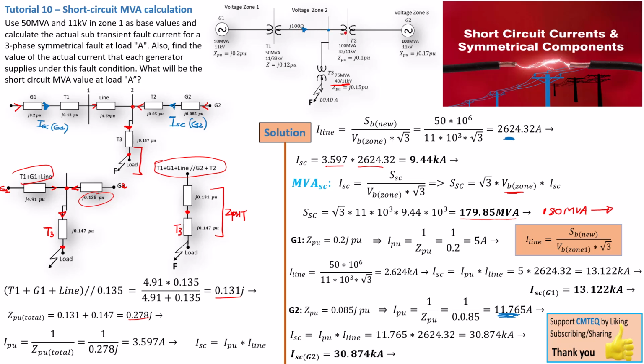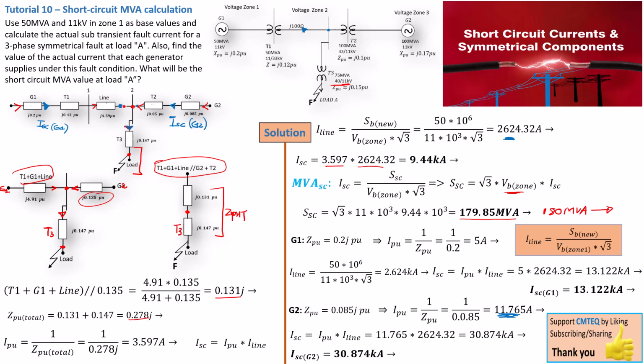So at this point there is no impedance, which means the short circuit current here will not go through an impedance. If you have to get Z per unit total at this point, you're only going to get T2 and G2. But for here, you're going to get G1, T1 and the line to get a Z per unit total, and then you can calculate the short circuit current at this particular point.